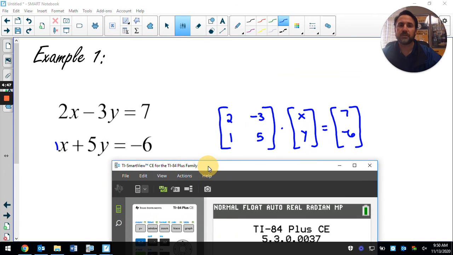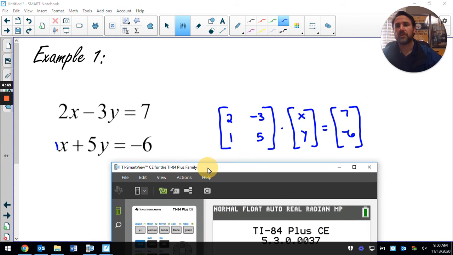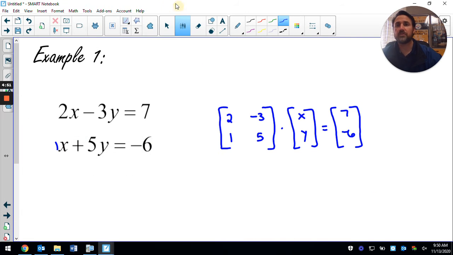But my favorite is the matrices, because there is a way to solve a matrix equation, okay? So let's just say that this is matrix A, times our variables equals matrix B. And if I want to solve an equation, right, if I had 3x equals 9, then I would just divide both sides by 3.